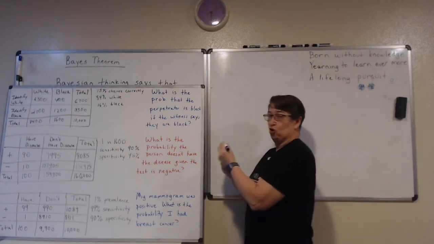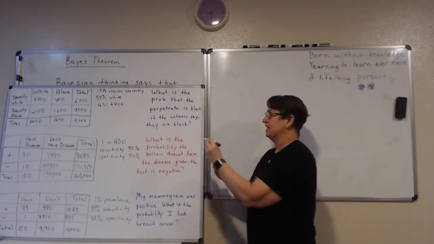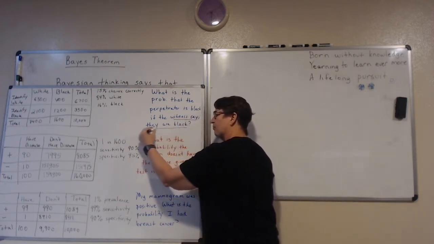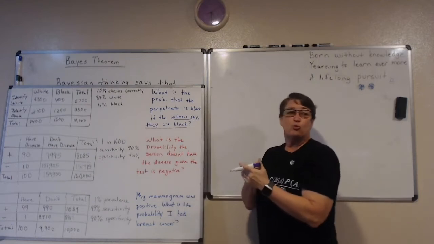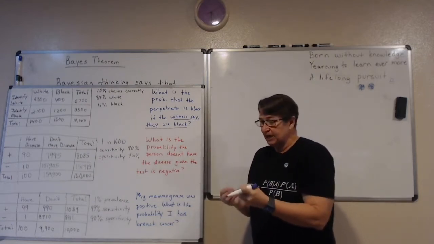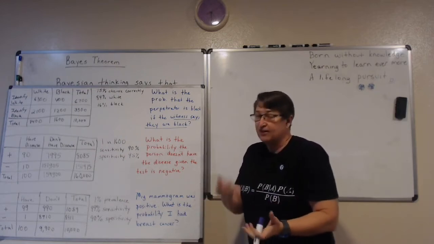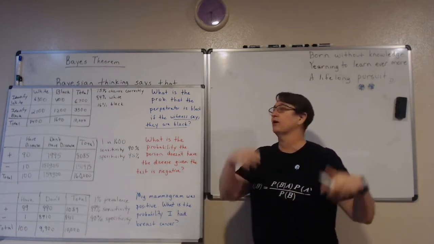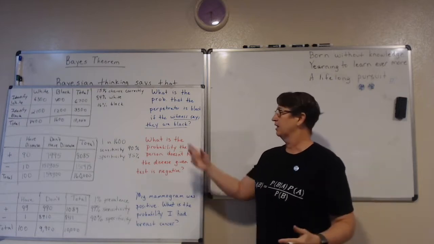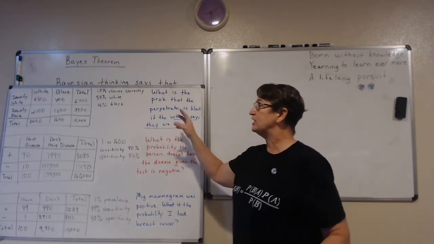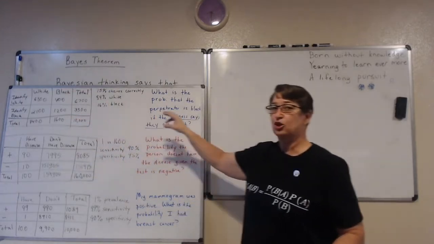We know we're given that this witness says they are black. That's what we know. We know that the person came in, they identify, they say, well, the race of the person was black. You know, they were male, they were 34, and they were black. So I know that they said they were black. So which one of those numbers am I looking at?